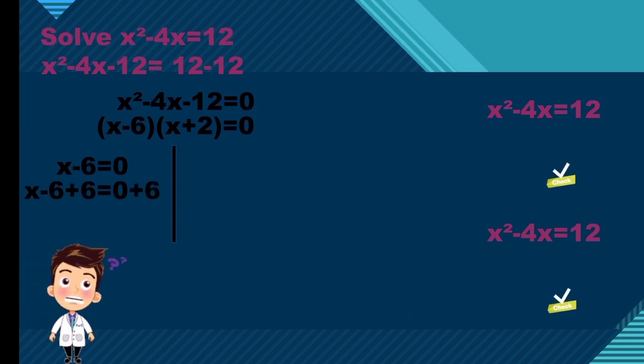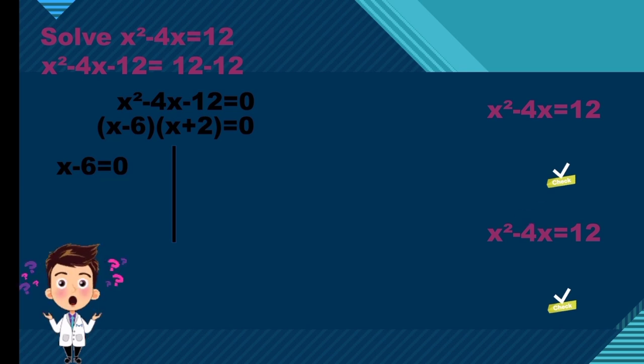Then the additive inverse: x minus 6 plus 6 is equal to 0 plus 6, which is 6.